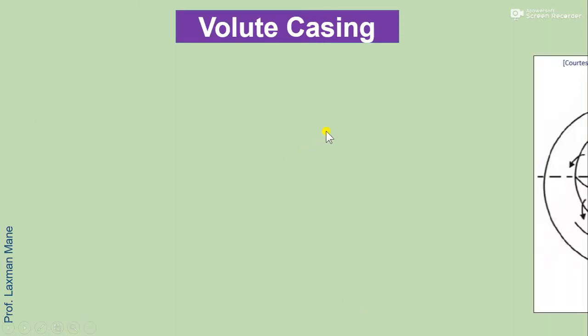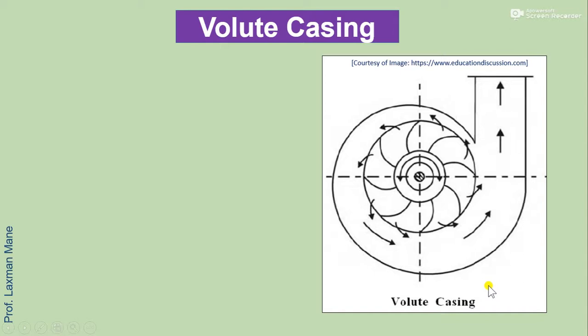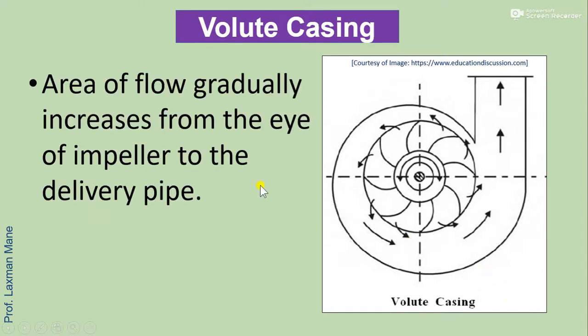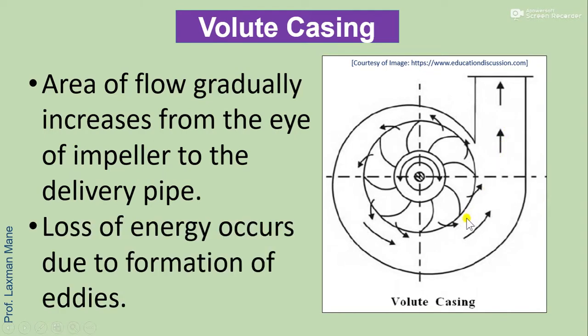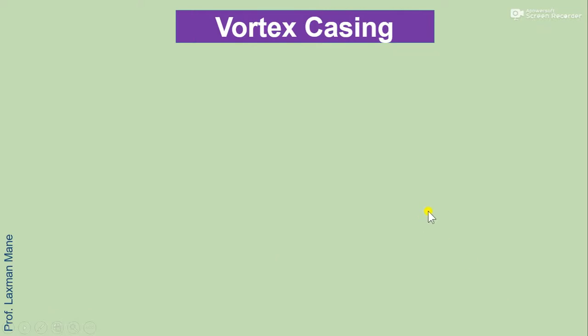Volute casing. Here we can observe area of flow gradually increases from eye of impeller to delivery pipe. So in this case, loss of energy occurs due to formation of eddies. Vortex casing.